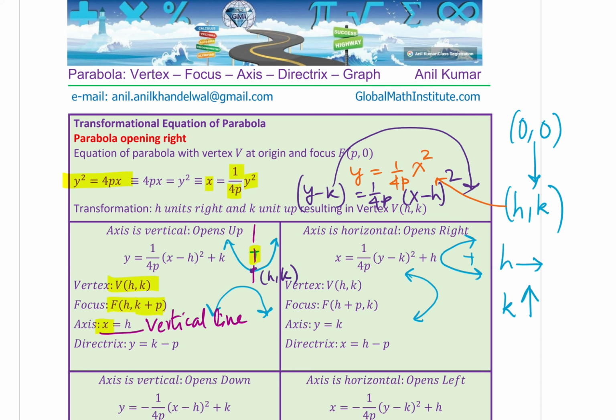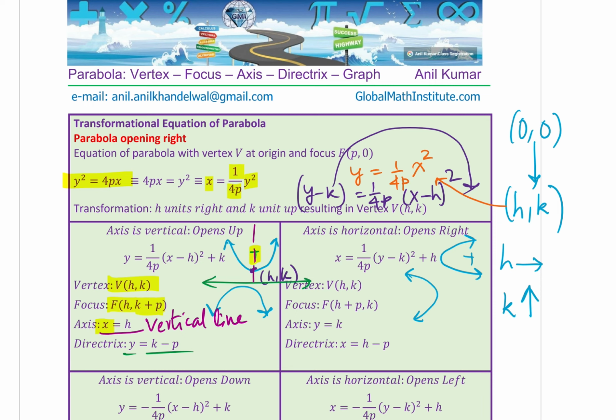So that becomes the axis. Directrix will be a horizontal line, right? p units below the vertex. So k will now be subtracted by p to get y equals k minus p as the directrix. Is that clear to you?